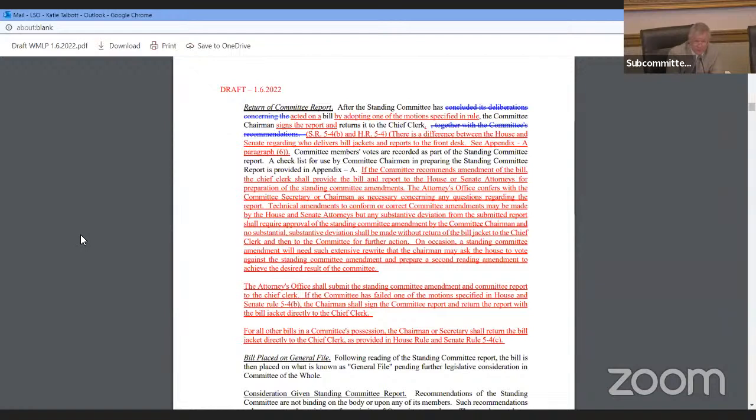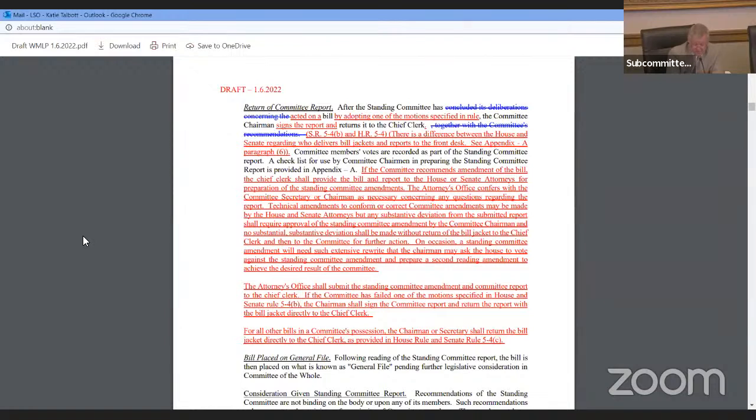You really have 2 options here. You can take the bill back to committee and get it right, or you can just go ahead and write up the standing committee amendment as you did it, which is wrong. But then the chairman explains, vote against the standing committee amendment, adopt committee of the whole amendment number 1, which is what we meant to do.